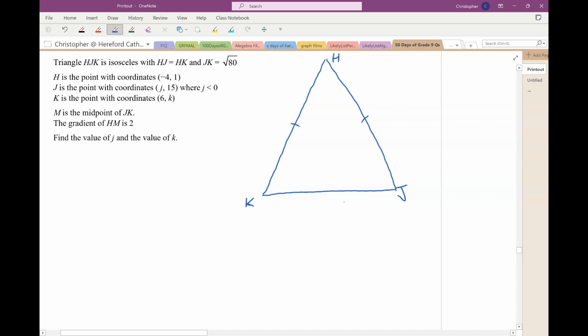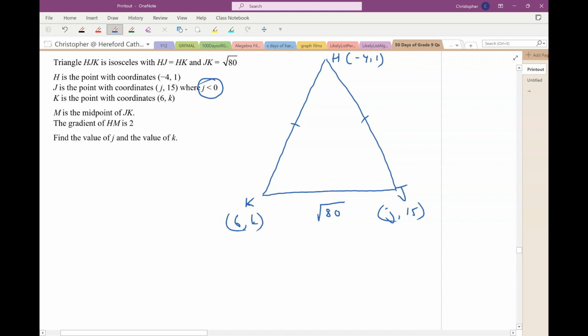We know that JK is the square root of 80, and H has coordinates (minus 4, 1). J has coordinates (j, 15), where j is negative, and K has coordinates (6, k).